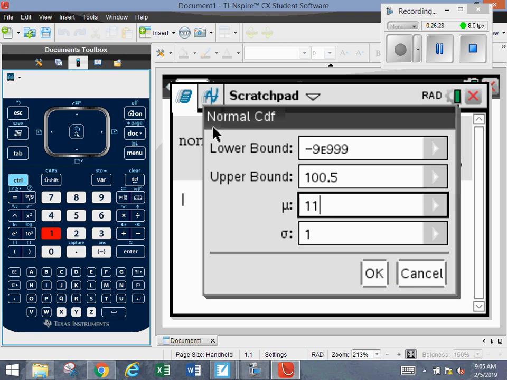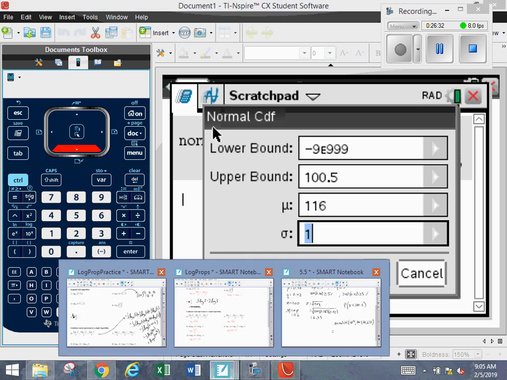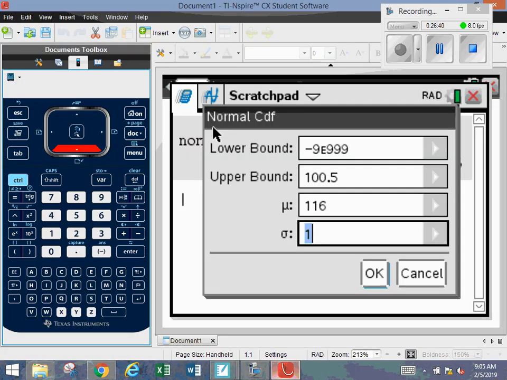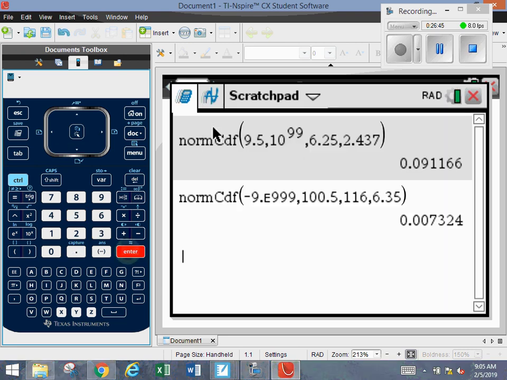The mean was 116. Standard deviation was 6.35. Calculate the probability: 0.007.